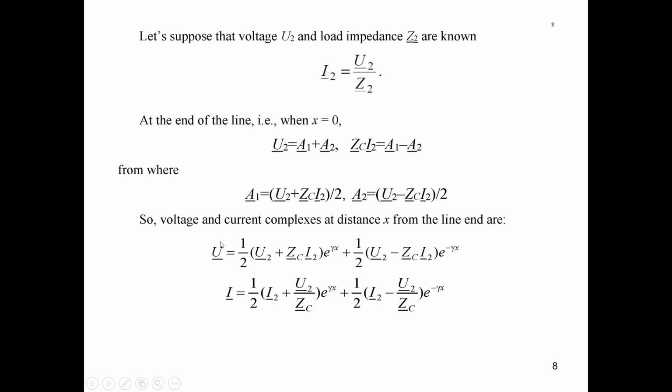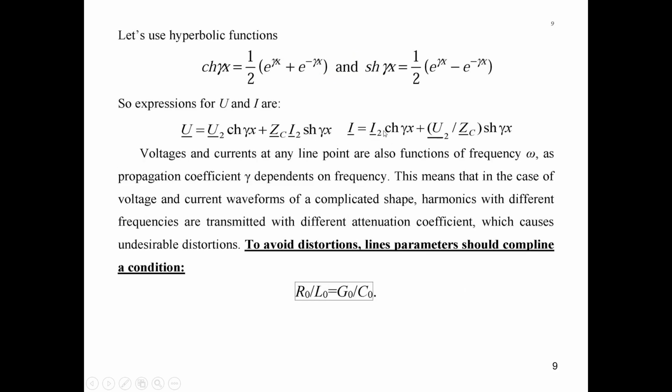It's for u, and then for I the same. We have I2 and I2 over 2 here, and in brackets it will be e to the gamma x plus e to the minus gamma x. So it is hyperbolic cosine gamma x, okay?